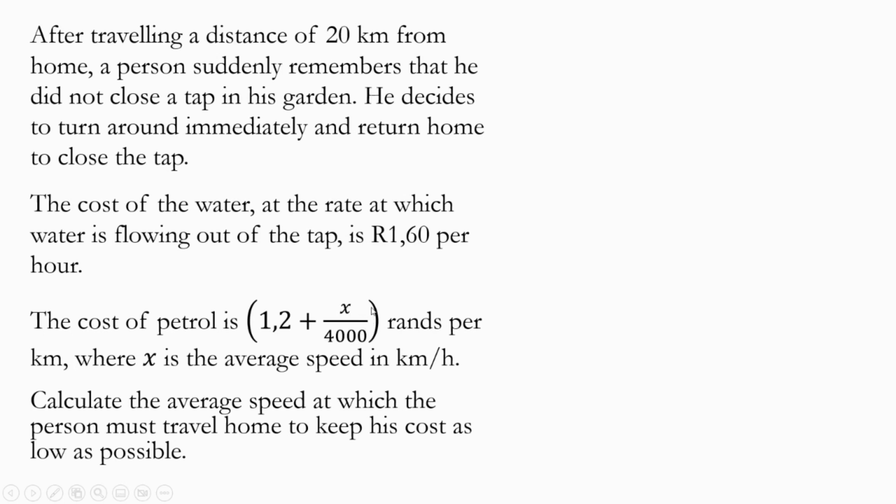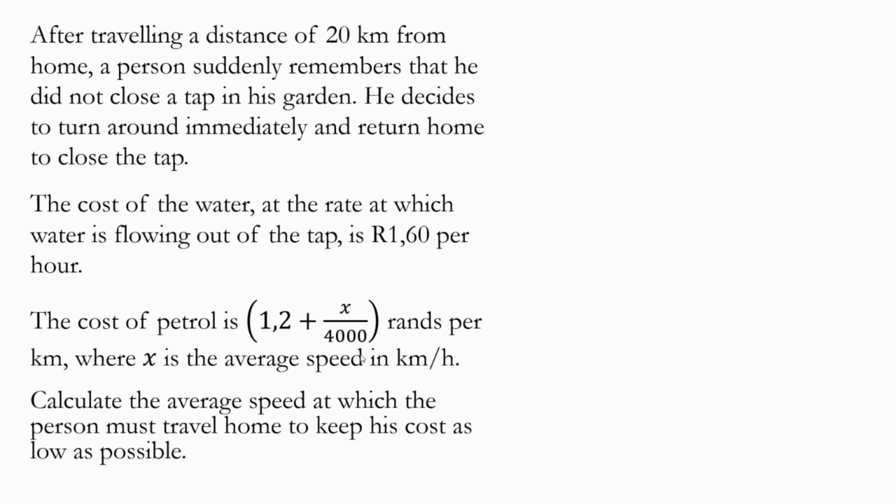After traveling a distance of 20 kilometers from home, a person suddenly remembers that he did not close a tap in his garden. He decides to turn around immediately and return home to close the tap. The cost of water, at the rate at which water is flowing out of the tap, is 160 per hour.